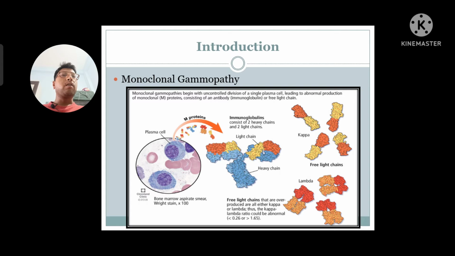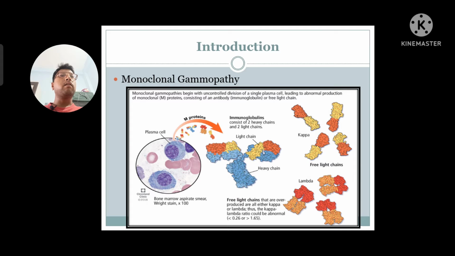Here in this picture, the plasmacytoma is producing different types of antibodies and different types of chains, light chains or kappa chains. But especially myeloma cells are monoclonal in type and produce monoclonal gammopathy, meaning they produce either a light chain or a heavy chain.